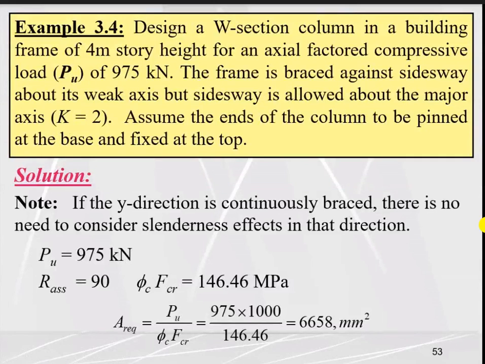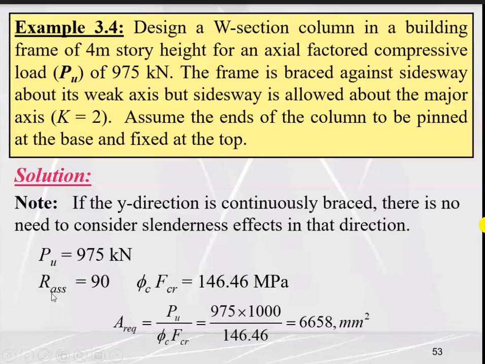So about the y-axis the frame is braced, so the top end cannot move about the y-axis, but this end can move in the x-axis. So if the y direction is continuously braced, there is no need to consider slenderness ratio effect in that direction, because it is braced. So actually there are two methods.